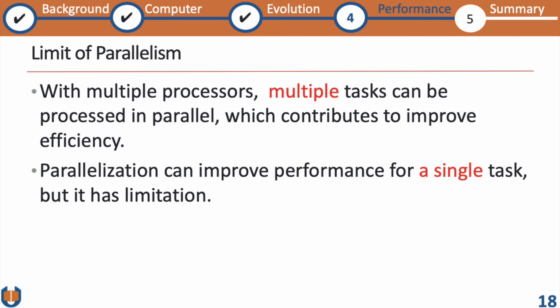So a single task or parallel tasks, both are possible to improve. But there are some issues and facts. So let's discuss some laws and theories regarding the limit of parallelization.